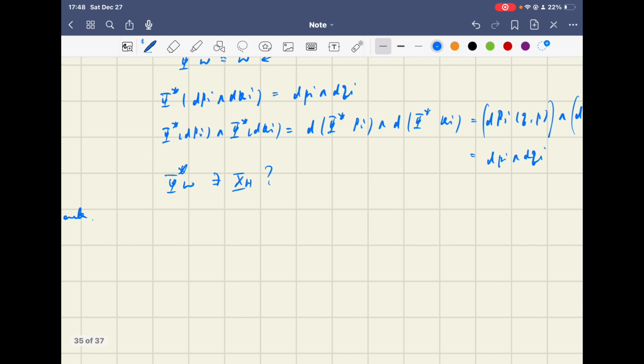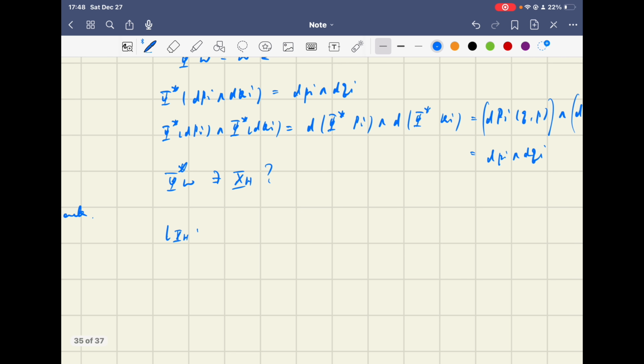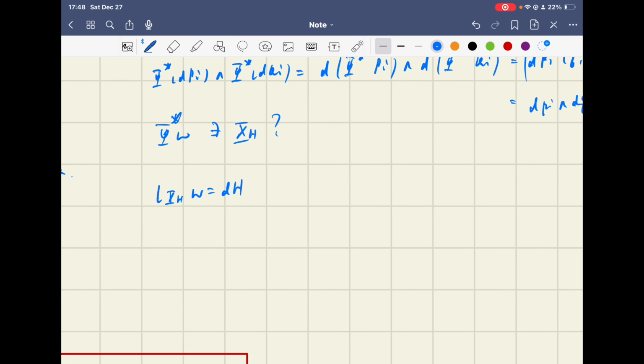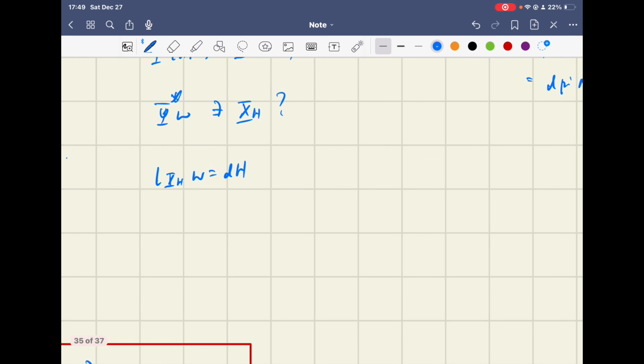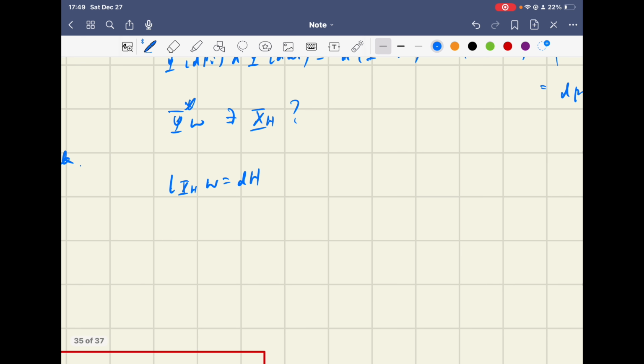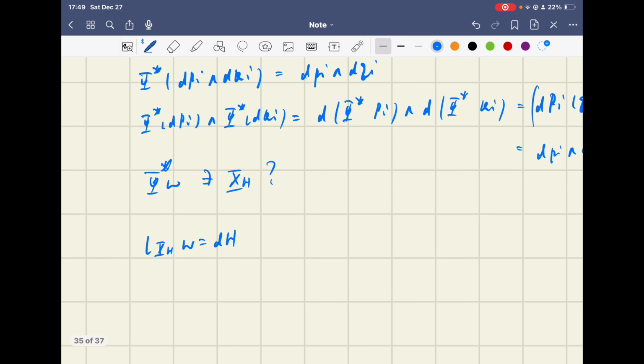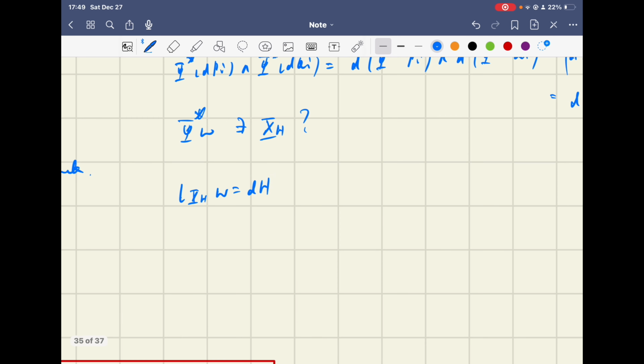The essential core equation we need to use here is simply the derivation of the Hamiltonian vector field. You first calculate the interior product between the Hamiltonian vector field and omega, and you equate it with dH. After you apply the transformation phi, the dH is a one-form and it will change.